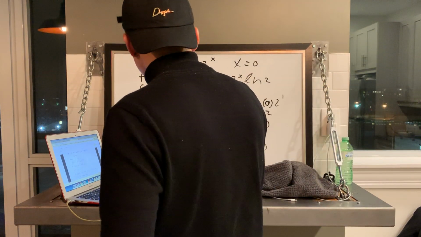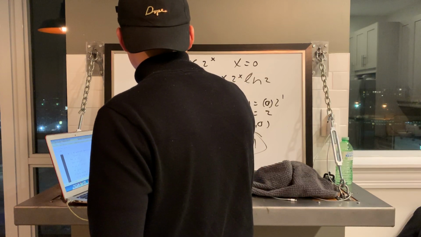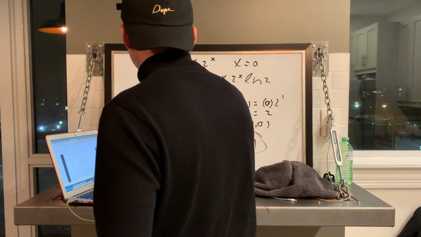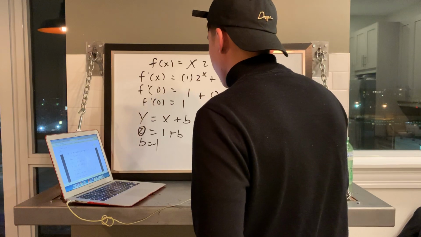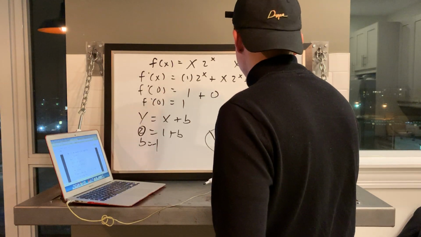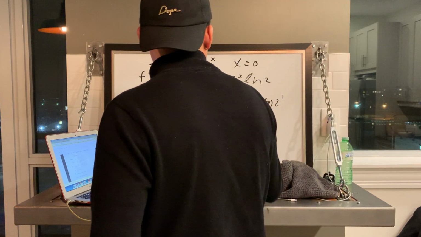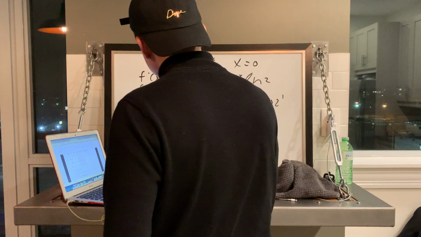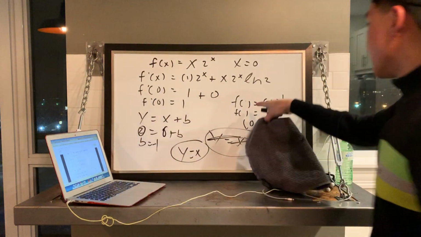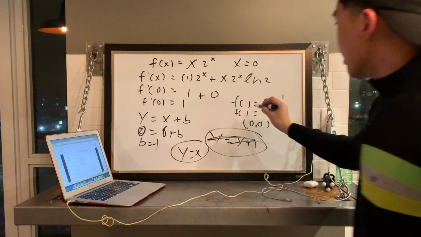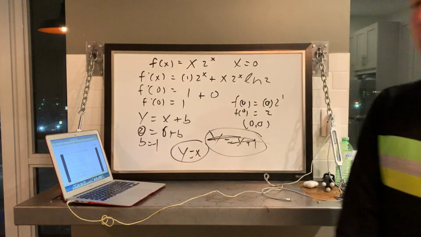So I go 0, 0, so b equals 0, so y equals x, that's your answer. I accidentally put in 1 earlier, I'm supposed to put 0. Get a little too excited.